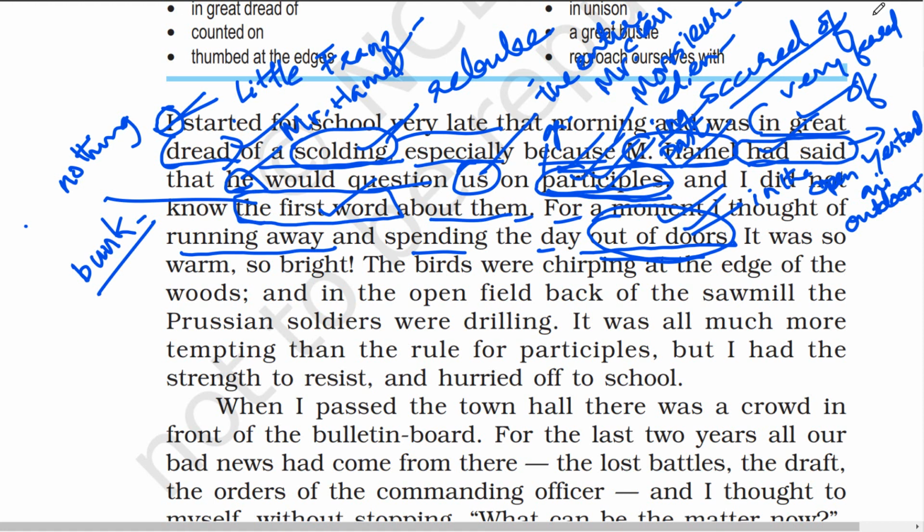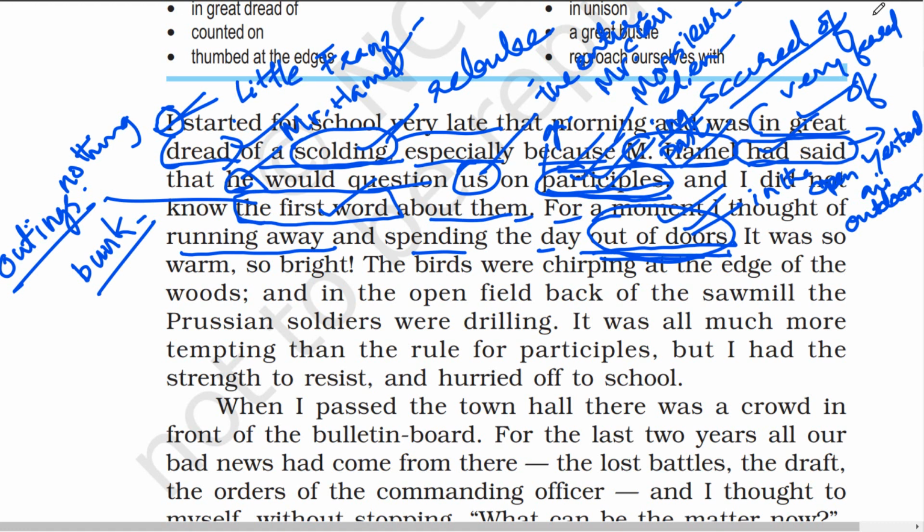You have to remember one more word related with this, outings. Nowadays, children demand from their parents, they want outings at least once in a month. So outing or out of doors simply means in the open air.